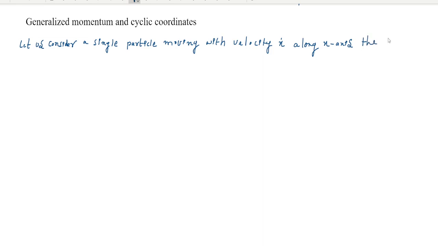The kinetic energy of the particle is T equal to 1 divided by 2 m x dot square. This is equation number 1.